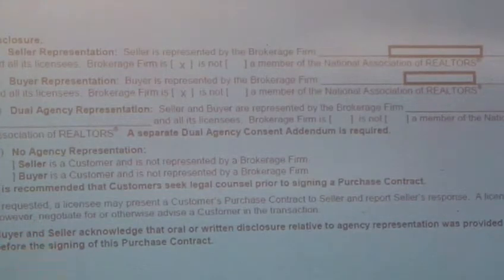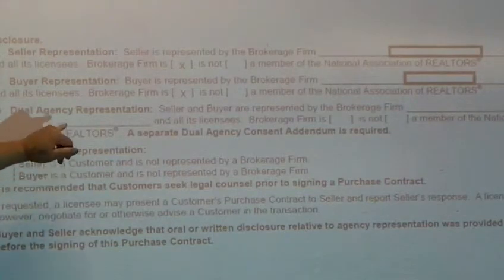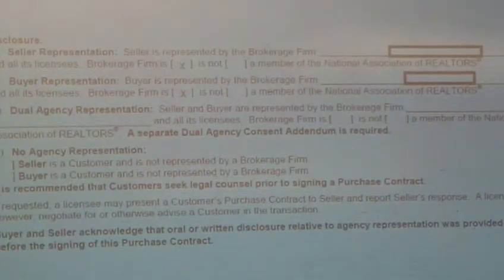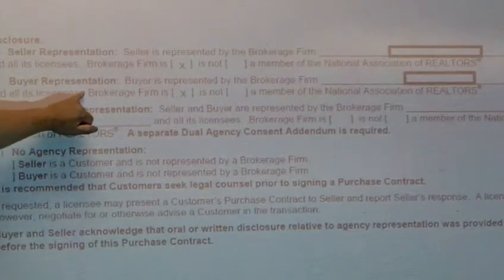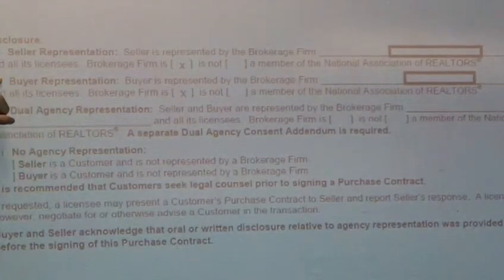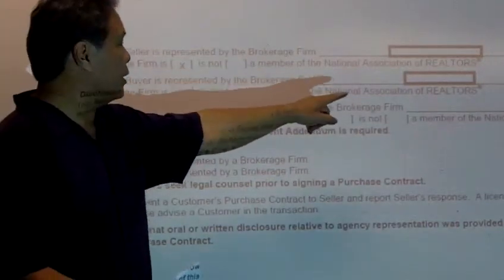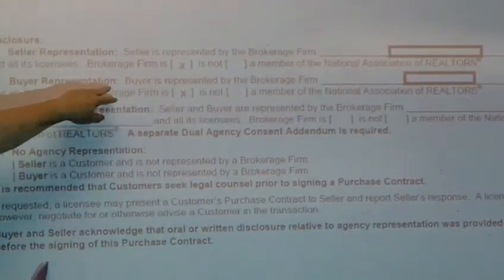On the templates in Zipforms, which all of you should have accounts for, if you pull up a template for the purchase contract, some of these things will already be filled in, such as buyer representation, because if you're writing a contract, generally you're representing the buyer. So in our template on Zipforms, this part B will already be filled in. It'll say iNet Realty here.